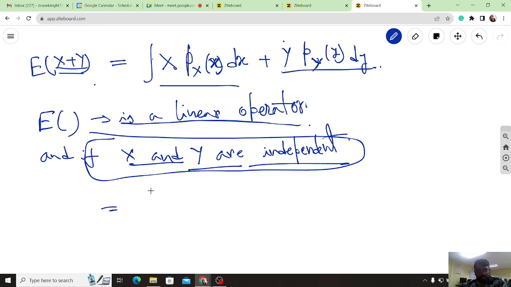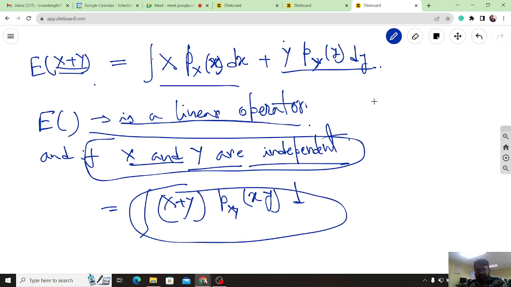Like you can write it as x plus y p of xy over the xy variables. If I say x plus y is a new random variable, I say that y has no dependency on the vector x in that term.